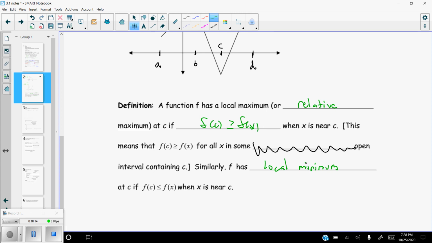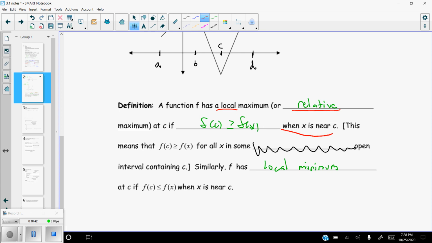Now you might look at this definition and say, wait a minute, this is exactly what we just did. Well, it's close. It's very close. For the first one, when we're talking about a maximum, first of all, it is a slightly different definition called a relative or a local maximum. And look at the difference in the definition. Yes, f of c still has to be bigger than or equal to all other f of x's, but this is the important part right here.